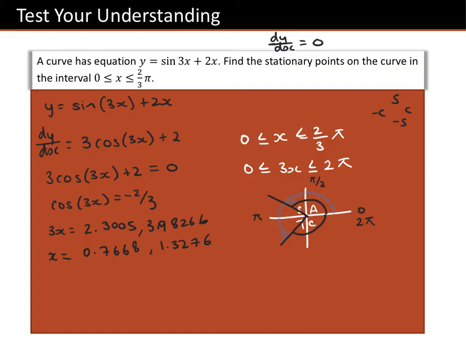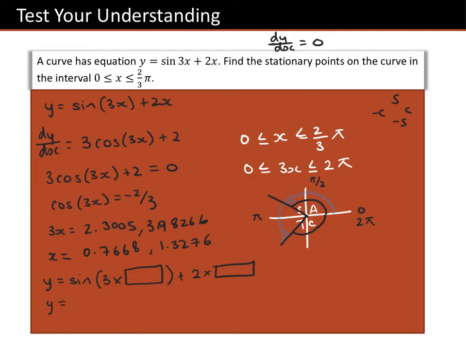I now need to find my y coordinates. I have an equation for y, so I'm going to substitute in y equals sine of 3 times whatever our x is, plus 2 times, again, whatever our x is. I'm not going to write them both out, okay? But when I do this, I'm going to have a set of coordinates.